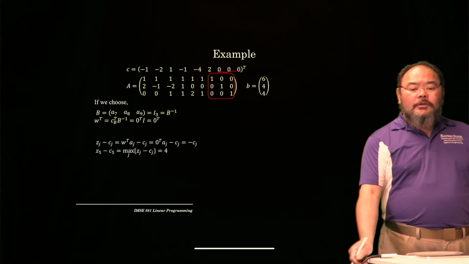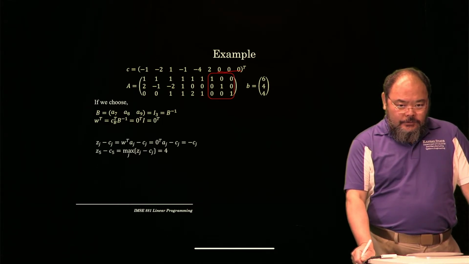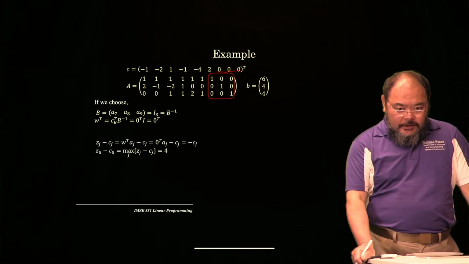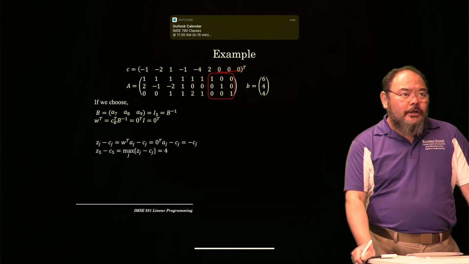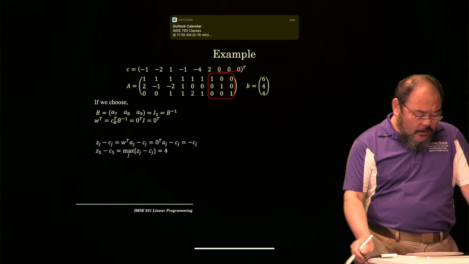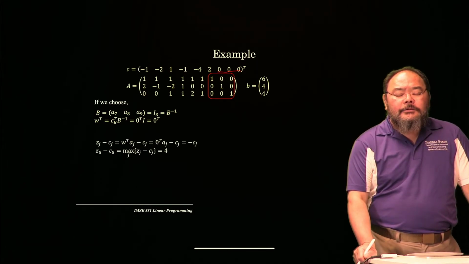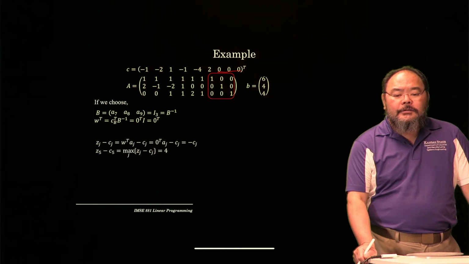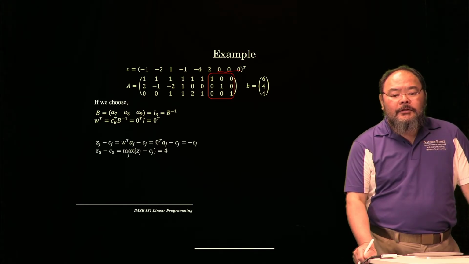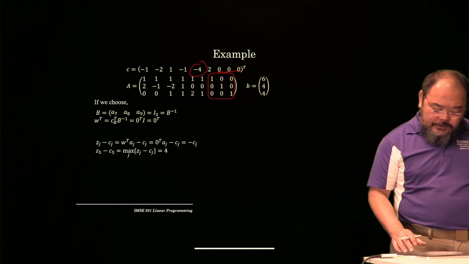Next, once we have omega and B inverse, we can calculate Zj minus Cj, which is the first row in the previous slide, equal to omega transpose times Aj minus Cj. Since omega equals 0, the Zj minus Cj row is actually negative Cj. And the maximum of those is 4 to begin with, which corresponds to x5.